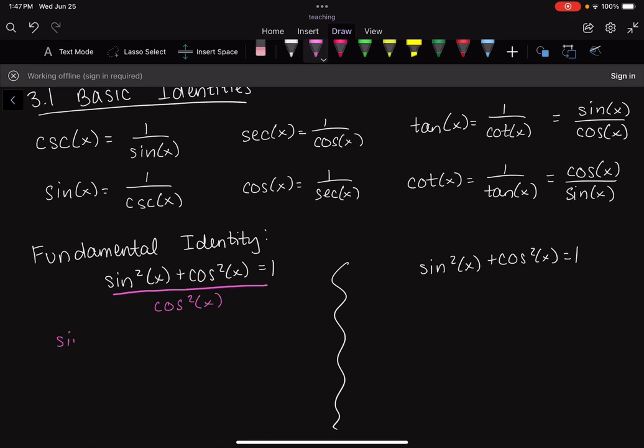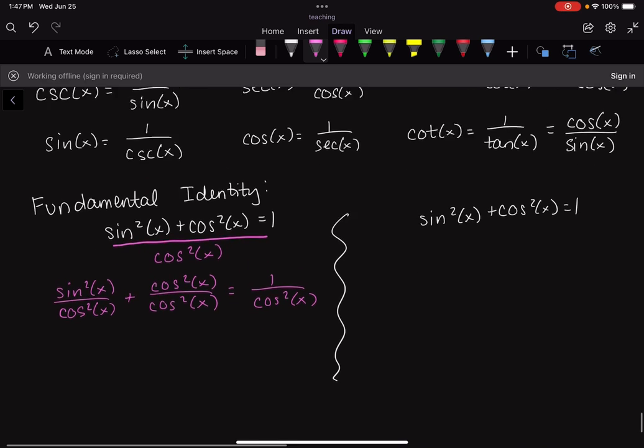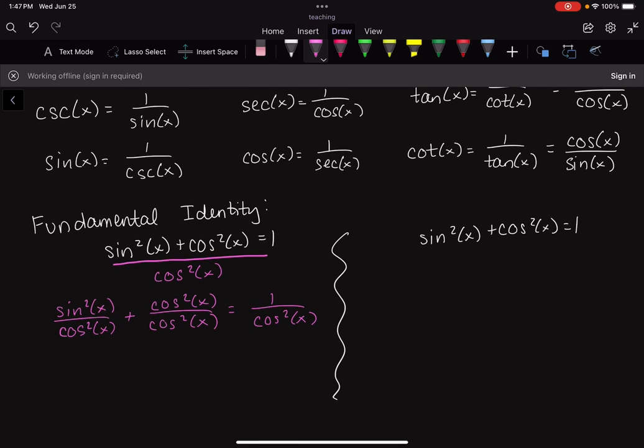So I get sine squared x over cosine squared x plus cosine squared over cosine squared. You'll notice I'm always bringing that x with me. You never want to lose that. So sine over cosine is tangent.